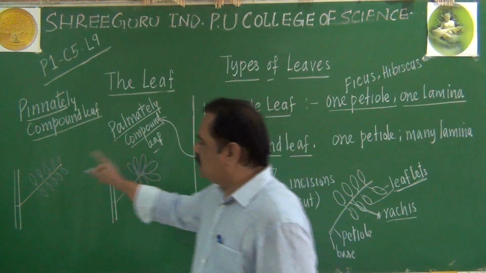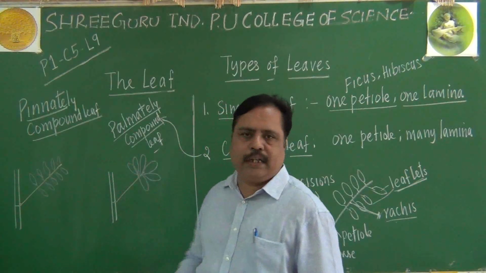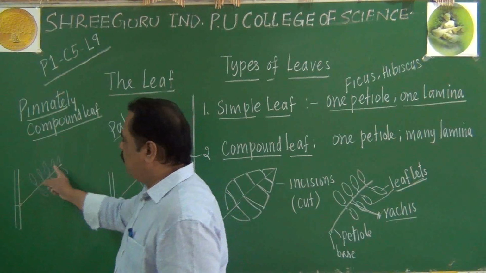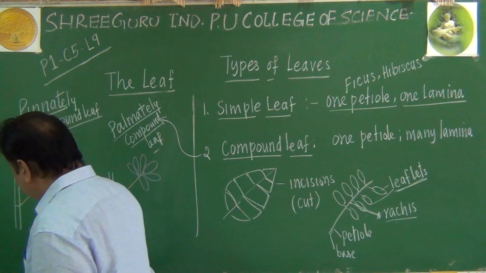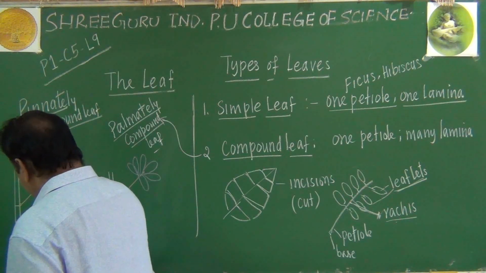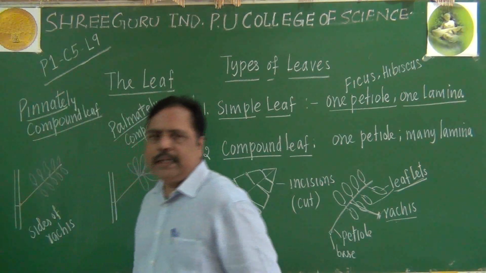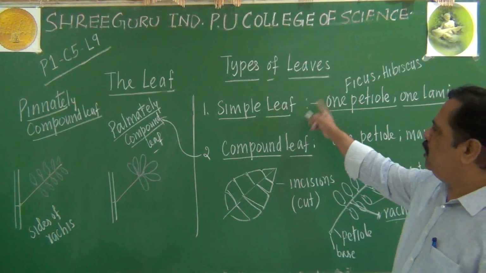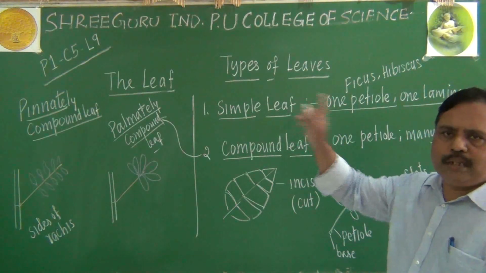So, do you understand the difference between these two diagrams? In the first diagram, leaflets are arranged on the sides of the rachis. What is rachis? It is the midrib of a compound leaf. In a simple leaf, you can use the word midrib.